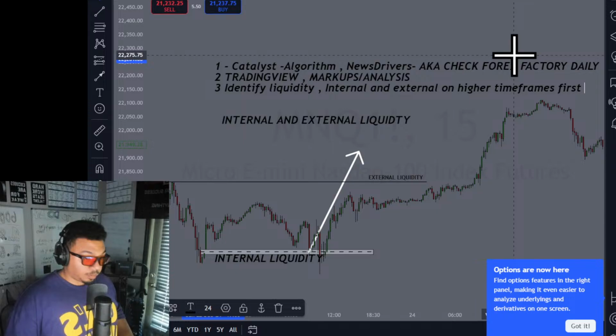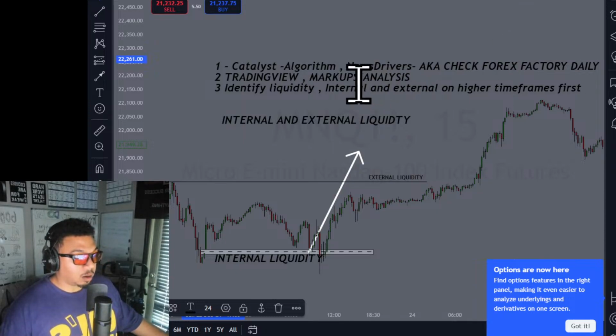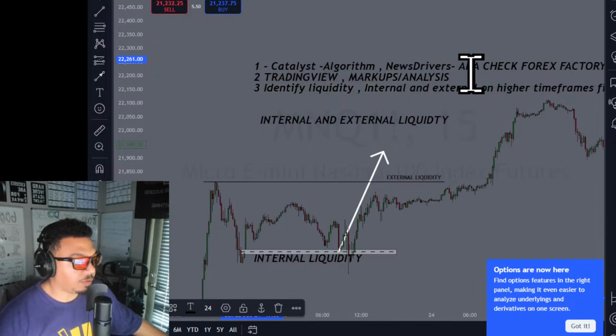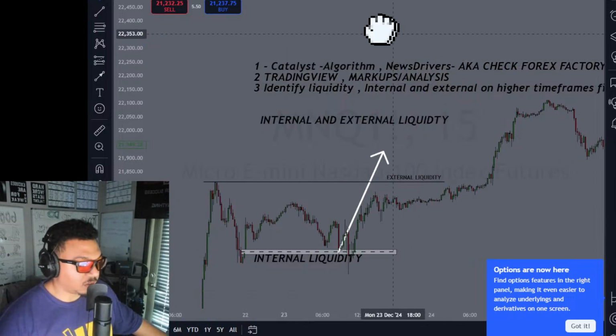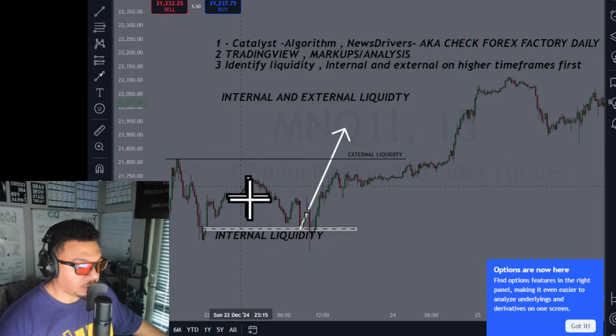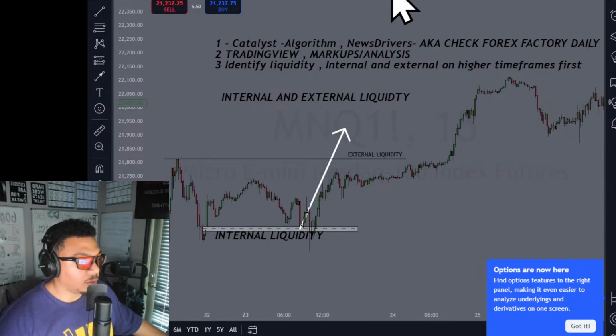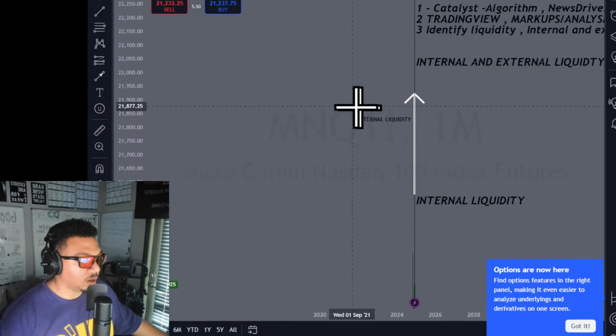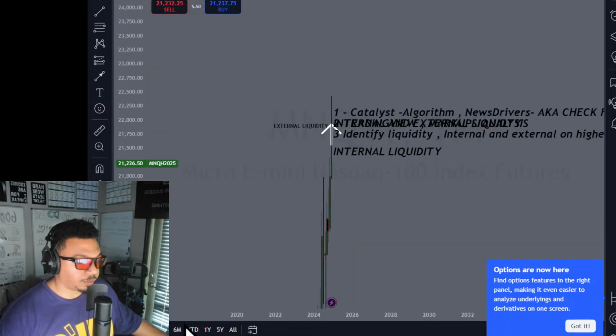Just so you know, internal and external liquidity does vary depending on the time frame. For instance, we're on the 15-minute time frame. This would be considered external here. This is internal here. If we go on a much higher time frame, let's say the monthly, we're going to see different forms of liquidity. Let's see here.